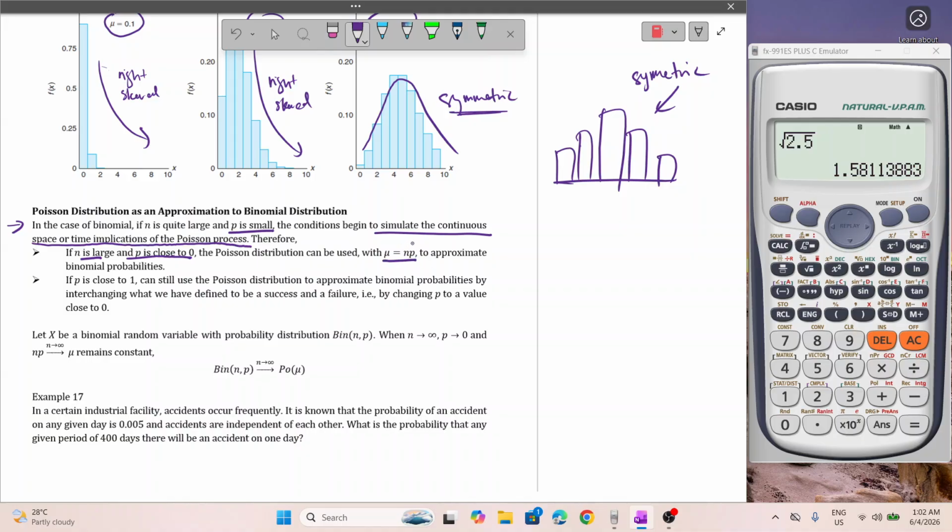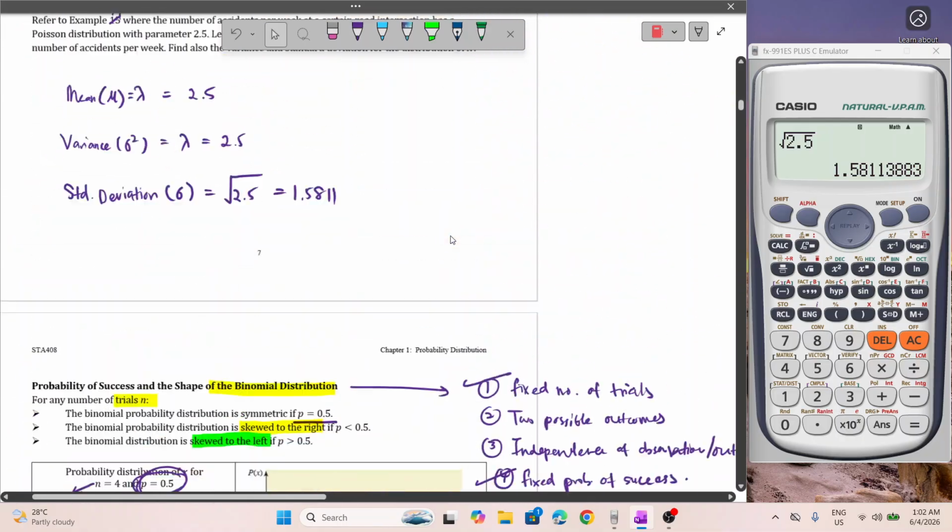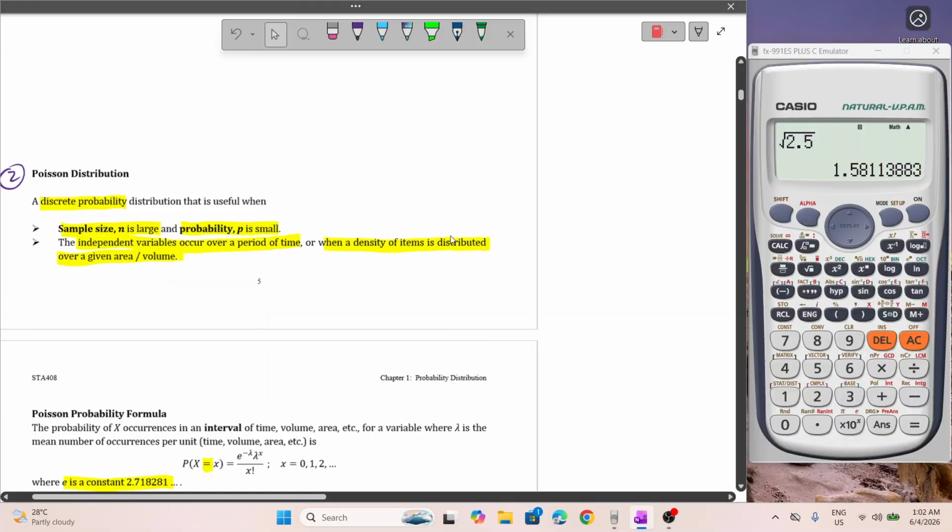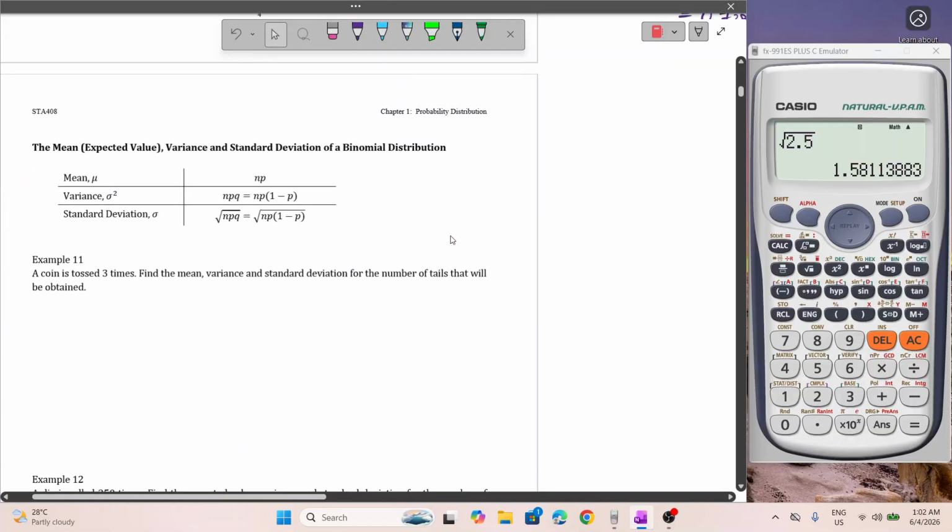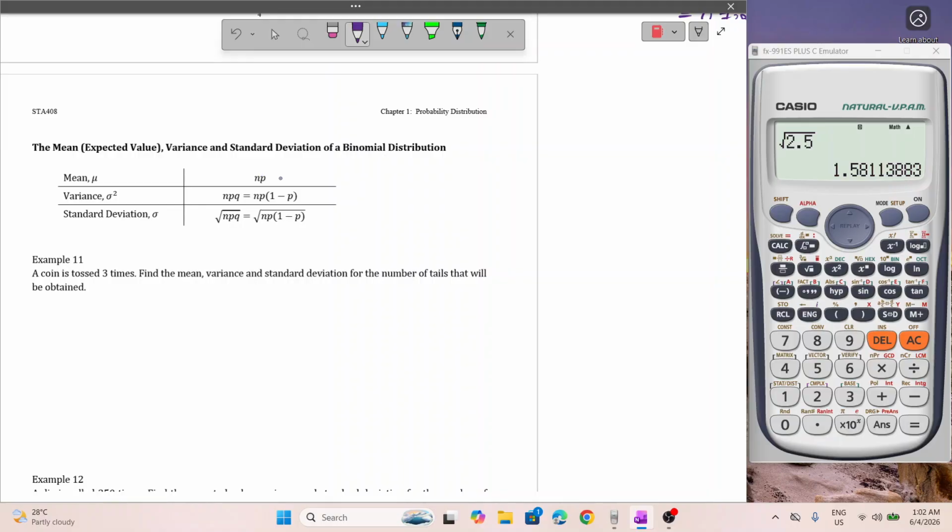This one is the mean for the binomial. For the binomial, the mean is n times p. The variance is npq, and the standard deviation is the square root of npq.